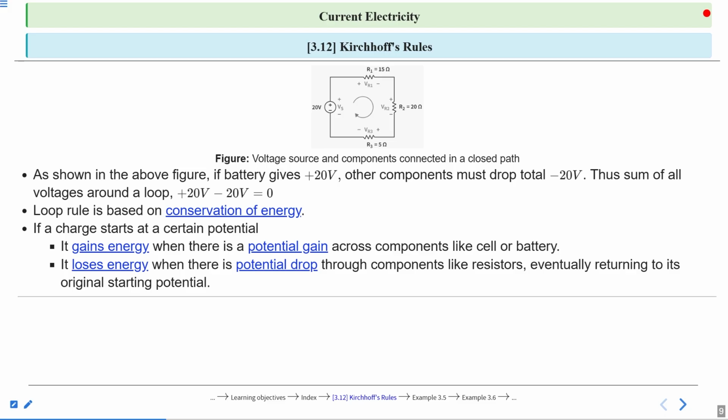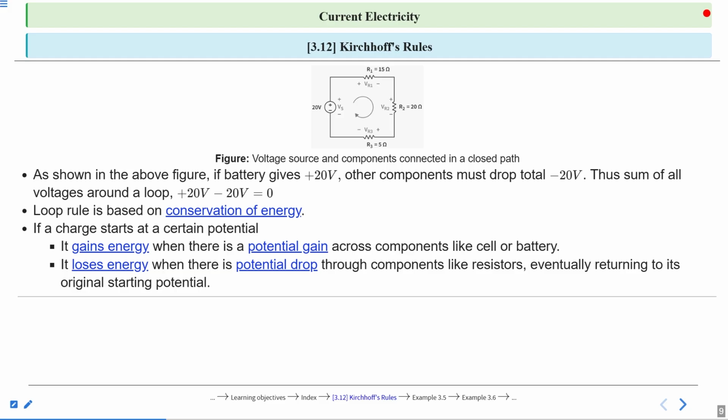If a charge starts at a certain potential, it gains energy when there is a potential gain, or increase in potential, across a component like a cell or battery.